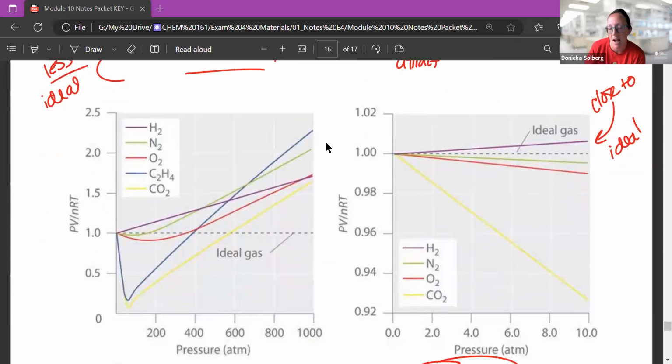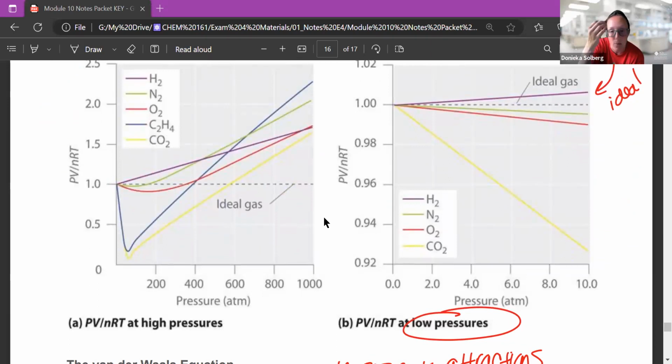So we actually have graphed this, if you want to know where and why they change. So this would be an ideal gas, okay? It would have a ratio of 1 if you did PV over nRT. This is the perfect gas. And notice as the pressure changes, this is where they're all closer to ideal right here.